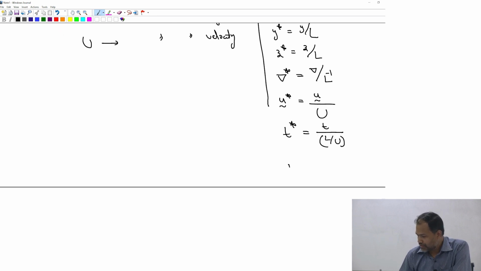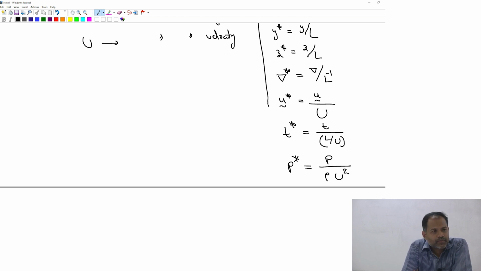Pressure. Now, there are various ways to do this, and we discussed in the last class that it really doesn't matter exactly what we select to non-dimensionalize. I'm going to suggest that we non-dimensionalize pressure by a quantity rho u square.